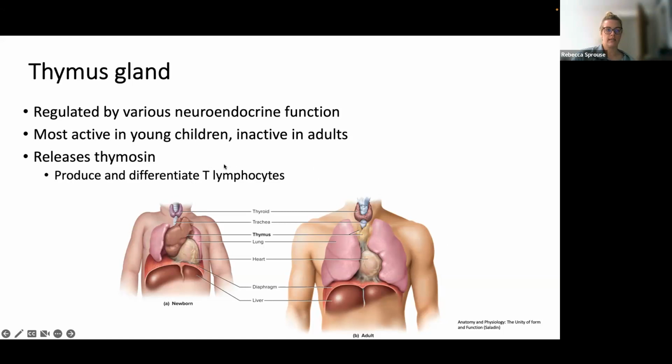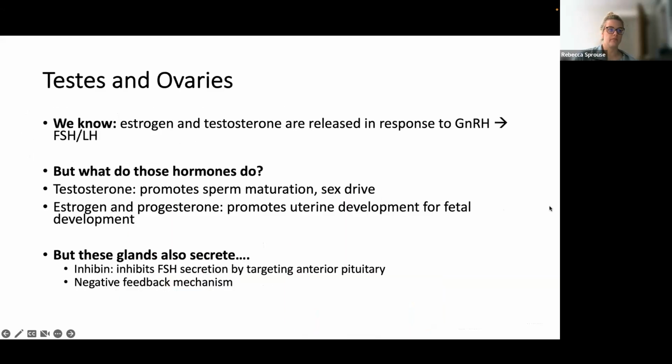The hormone that does that is called thymosin. So this thymus gland will release thymosin and basically tell itself, autocrine, right? It's an autocrine mechanism to start producing and differentiating T lymphocytes into T cells and B cells for immunity. We'll talk more about that when we get to the lymphatic system.